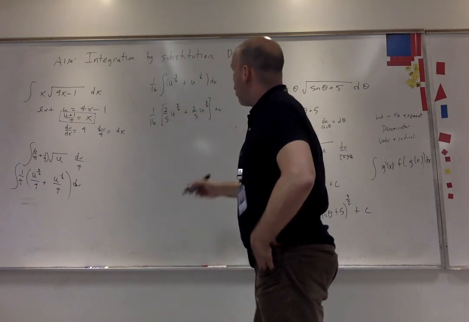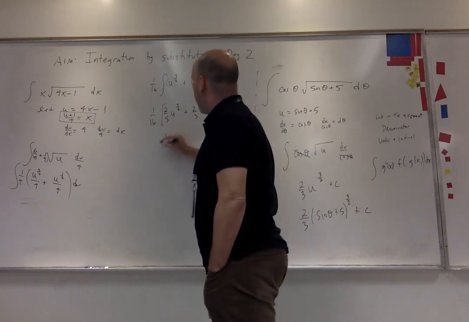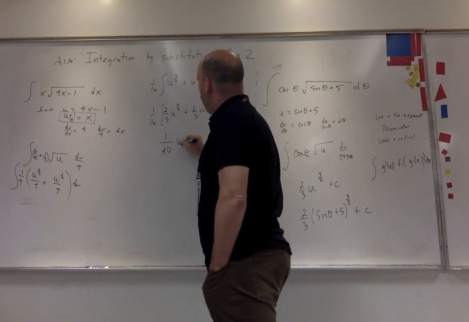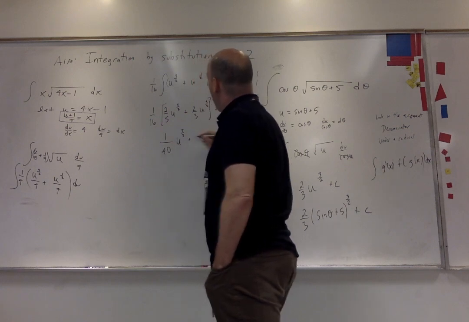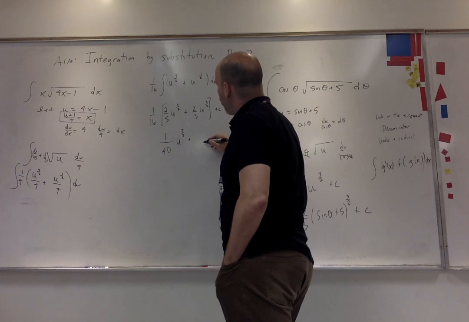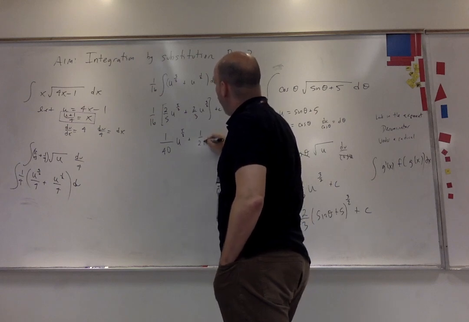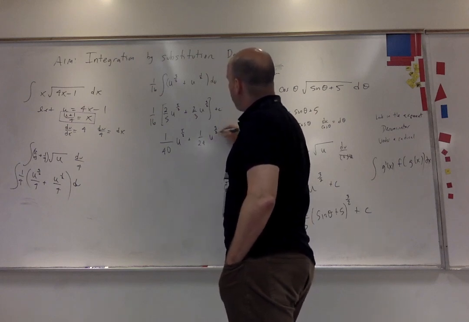Final answer, what is this? 1 over 40 u to the 5/2 plus 1 over 24 u to the 3/2 plus c.